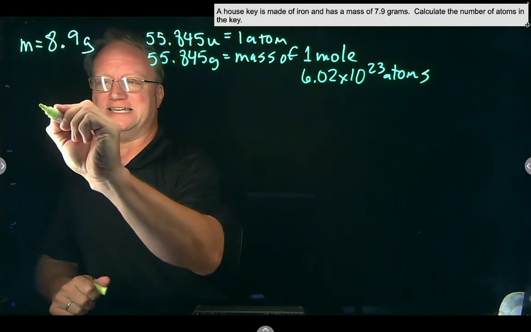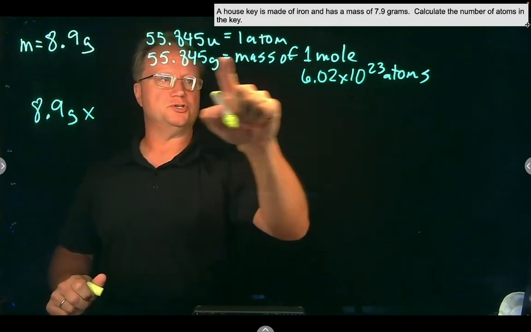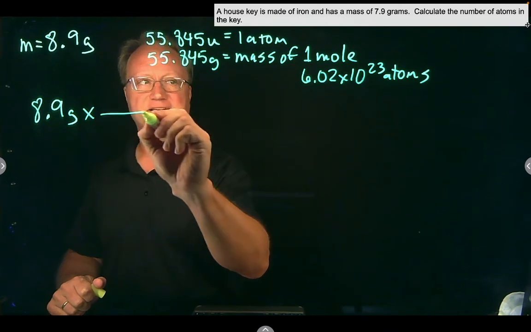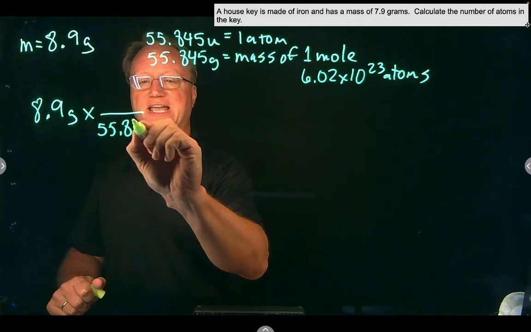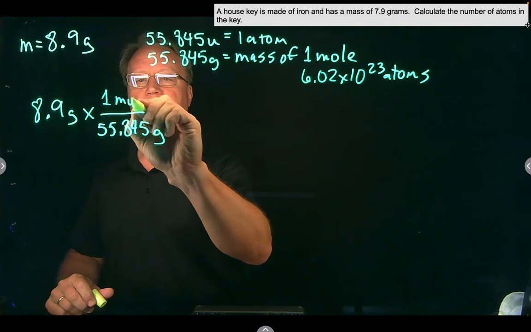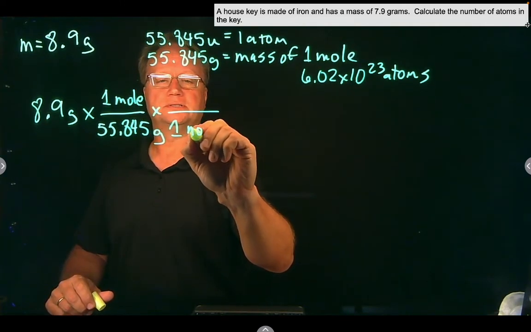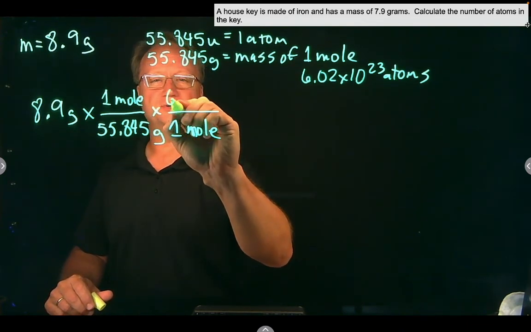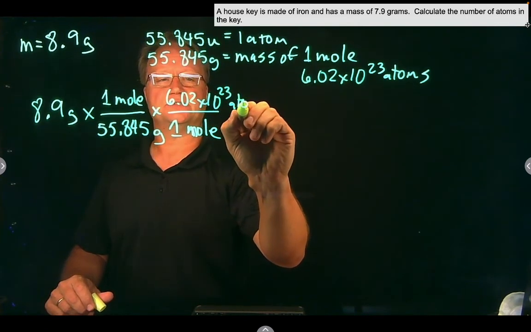So if we start with 8.9 grams, I'm going to use our molar mass interpretation first of all. That I can convert into a number of moles. In other words, 55.845 grams is the mass of 1 mole, and then 1 mole, that's an M, 1 mole is equivalent to 6.02 times 10 to the 23rd atoms.